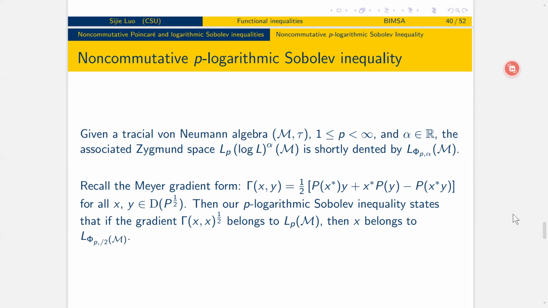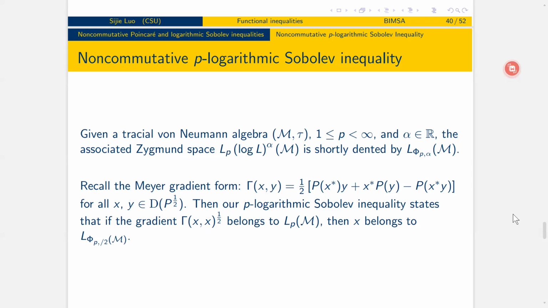And there's also a gradient term named Meyer's gradient form, taken from a book by Bakry, Gentil and Ledoux in 2014. It's gamma. You can view it as a gradient term here. It's quite abstract. And okay, this one is called the gradient.